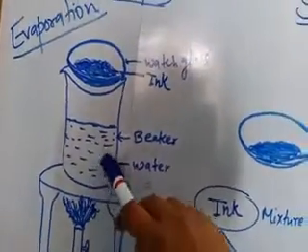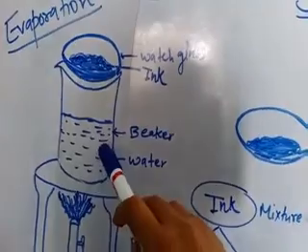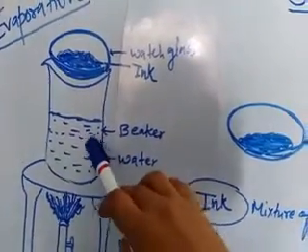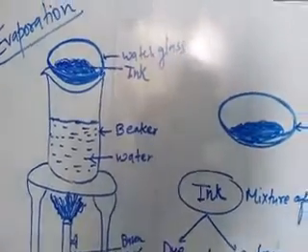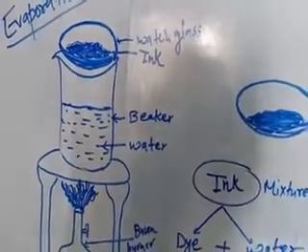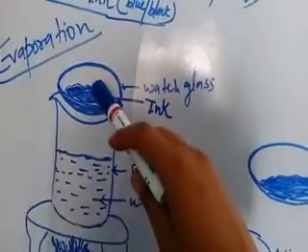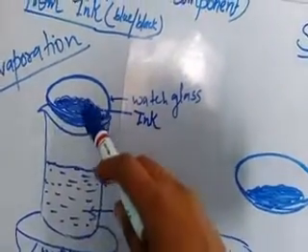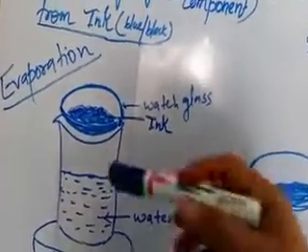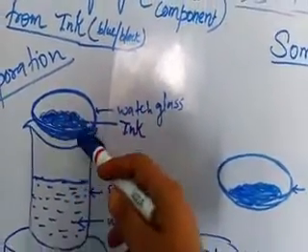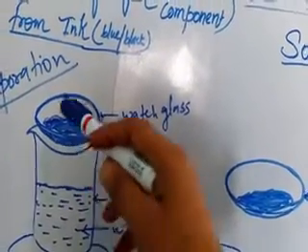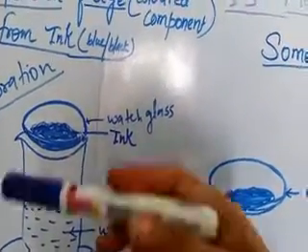When we start heating, the water in the beaker gets heated, and indirectly whatever is in the watch glass also gets heated. So whatever volatile substance is present here will start evaporating slowly. That is water.